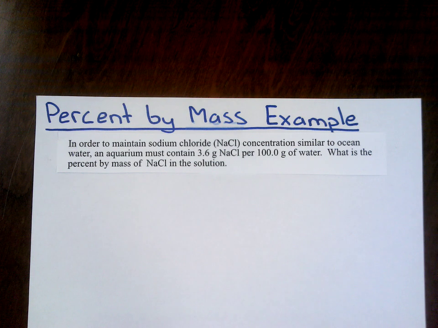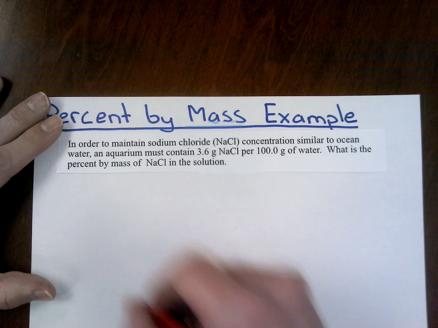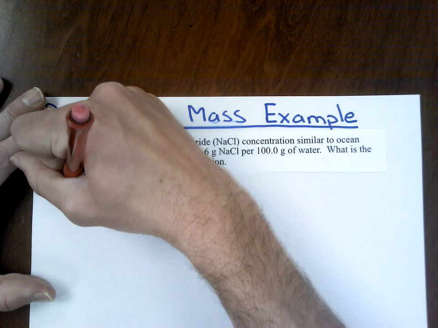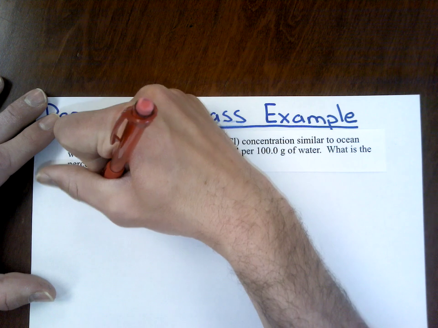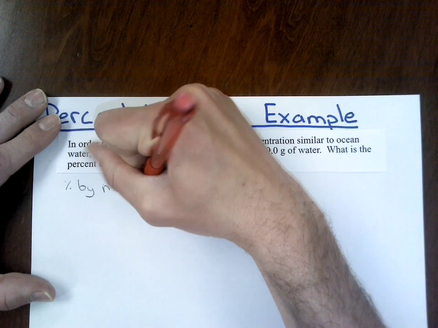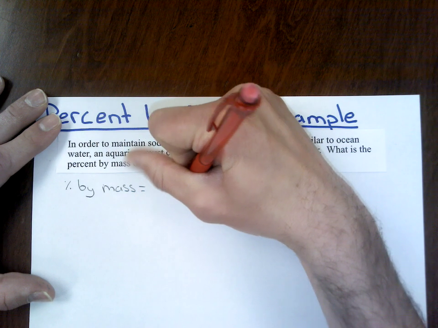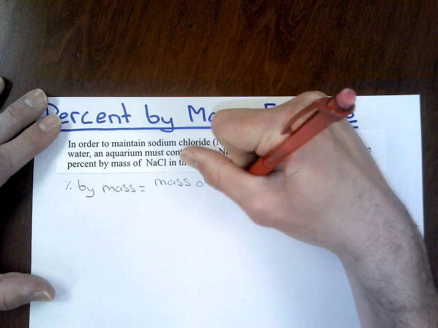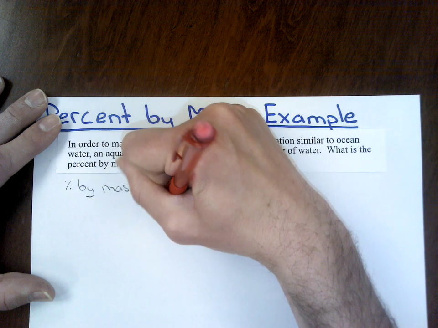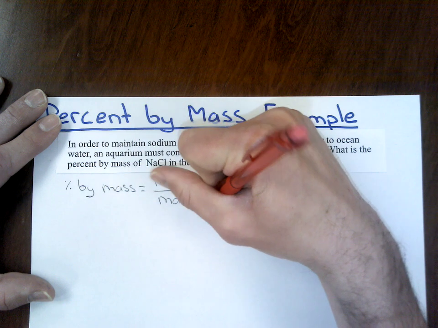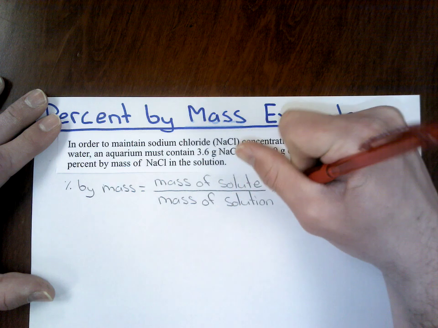So let's rewrite that formula that we just put down on the last page. Remember, the percent by mass, which I'm just going to write with the percent sign here, is equal to the mass of solute divided by mass of solution, multiplied by 100.